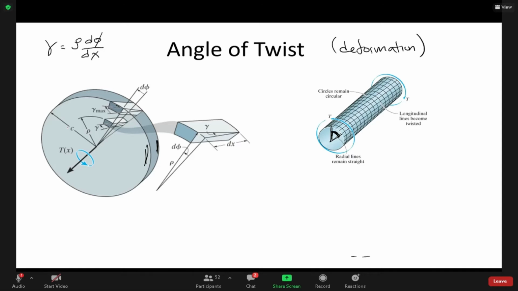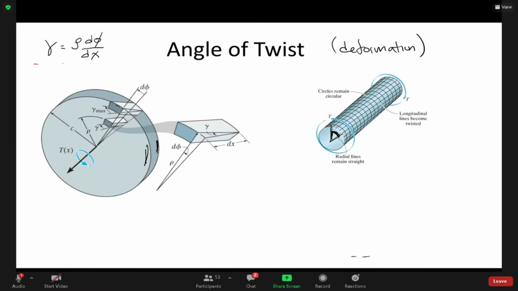Last time we derived the fact that the shear strain, gamma, was equal to the radius times d phi dx, how much the angle of twist changes with respect to x. We got that from the similarity triangle here.